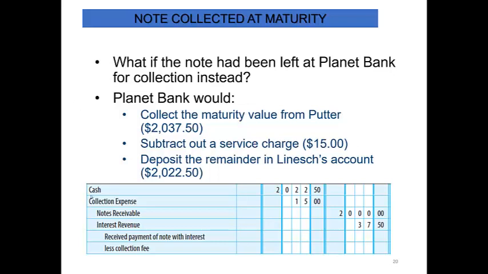So we will debit cash for the amount with the service charge netted out. We will record that $15 as a debit to collection expense, and then the credits will stay the same as they were before. We will remove the note at the principal amount, and then we'll record the revenue in the interest revenue.